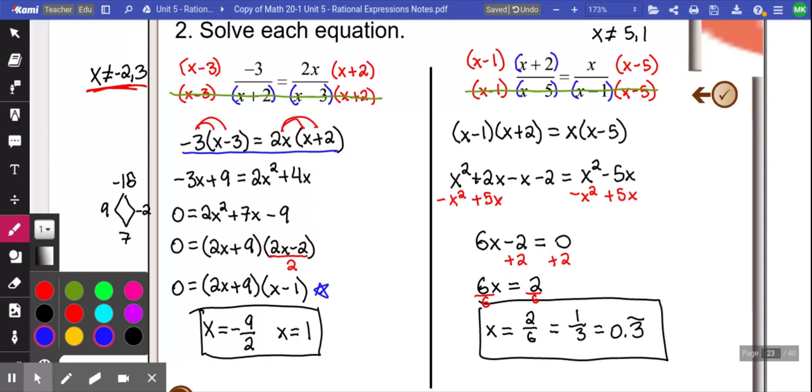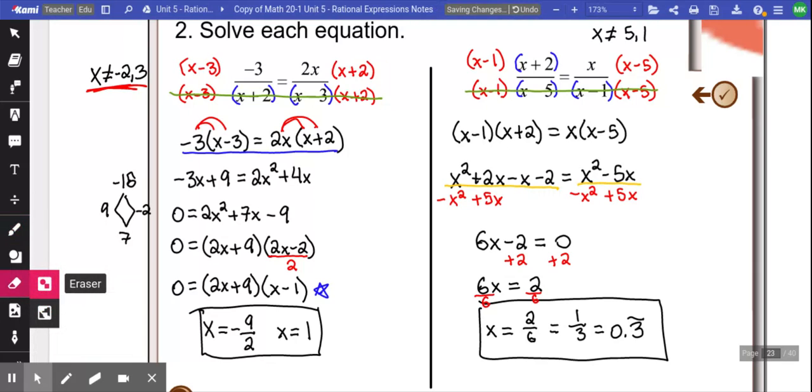If we look at the second question, first step is factor. I put brackets around my binomials so that I knew it was there. I then multiplied the first fraction by x minus 1, the second fraction by x minus 5. I then had to expand, right, because I got rid of my denominators. When I expanded, I got x squared plus 2x minus x, and I got x squared minus 5x.